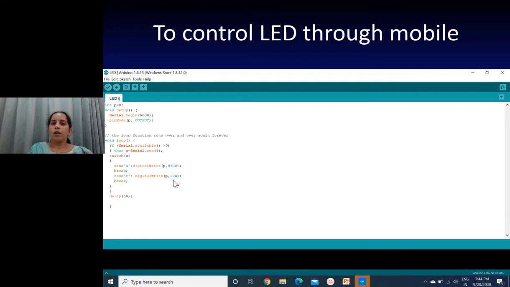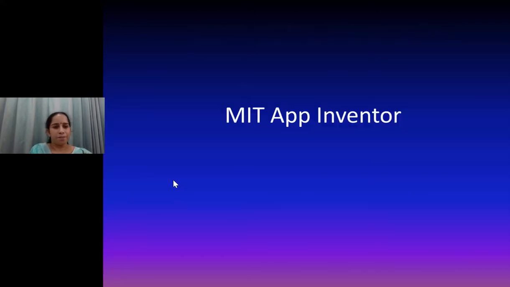So for this code, I need HC05. This I have demonstrated at the end. Both programs have been clearly explained step by step, how to do it and what the output is. You can check out the video till the end.